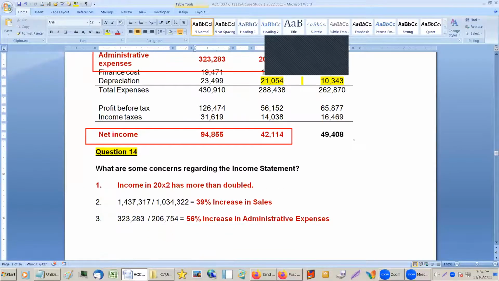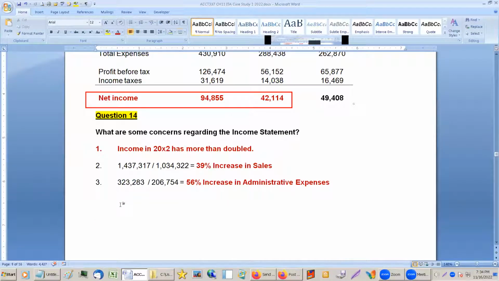So what these are called are analytical procedures, and these indicate where auditors need to investigate.